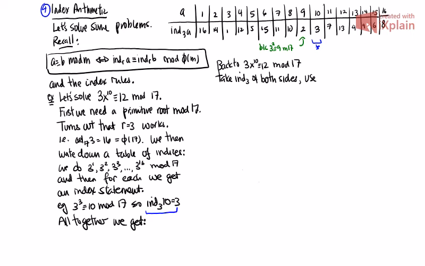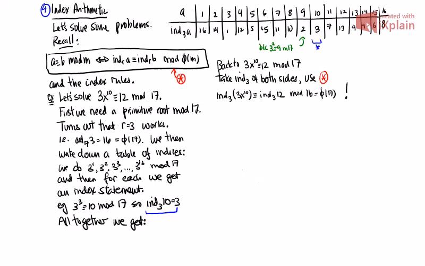Essentially, we're going to use this thing right here. So what happens when you take the index of both sides? The modulus changes, right? So we get the index base 3 of 3x to the 10 is congruent to the index base 3 of 12, but now it becomes mod 16 because this is phi of 17.